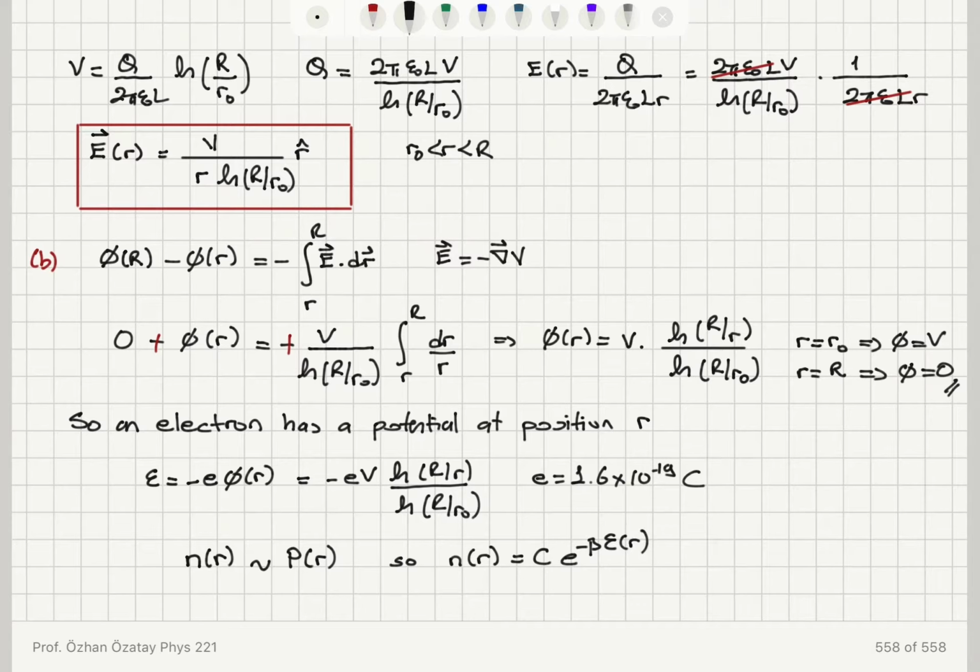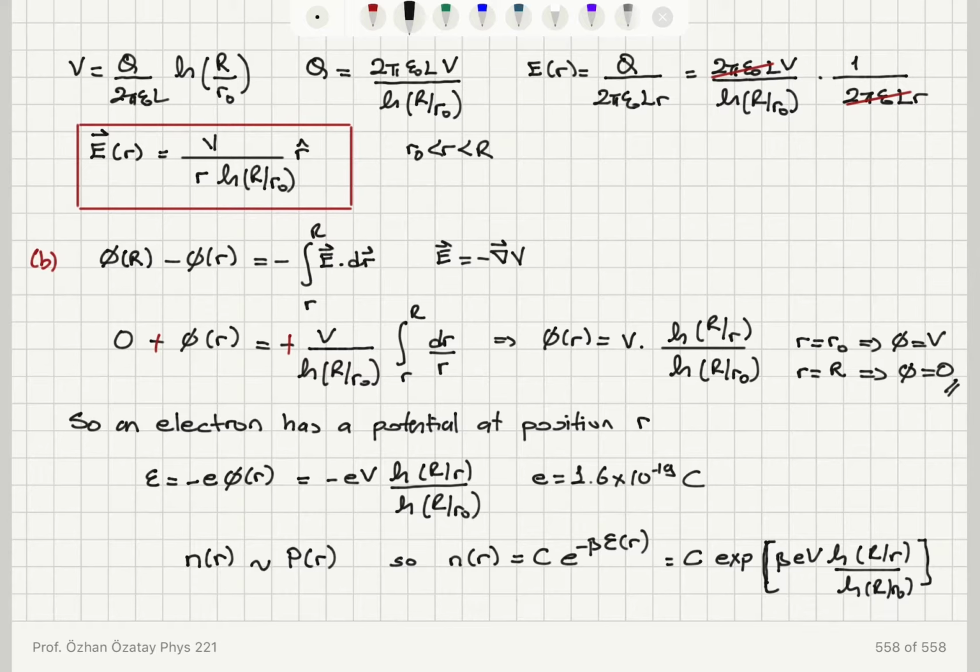So I find that therefore, if I substitute the energy here, this is going to be C times exponential. Now I have a minus beta here, and there's a minus sign, so it's going to be plus beta eV natural logarithm of capital R over r divided by natural logarithm of capital R over R0.